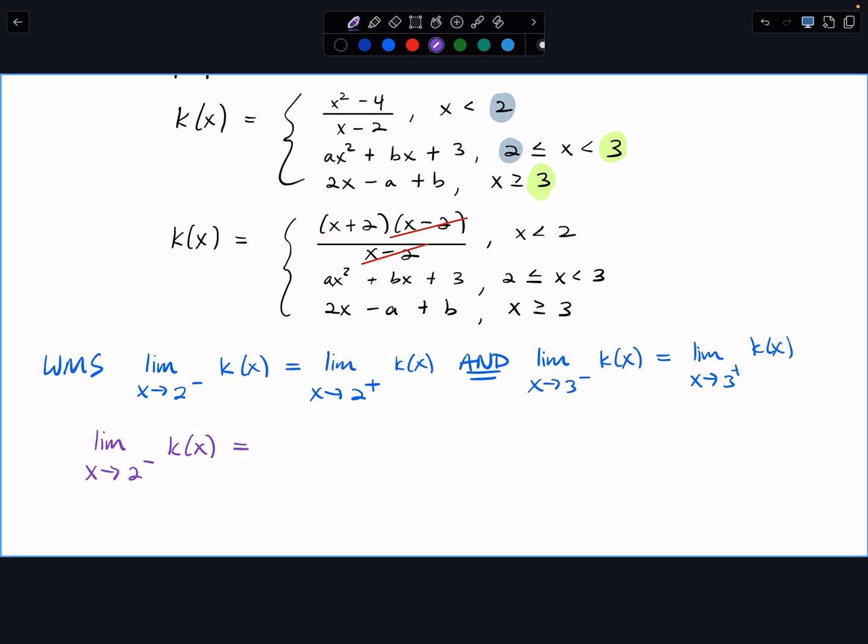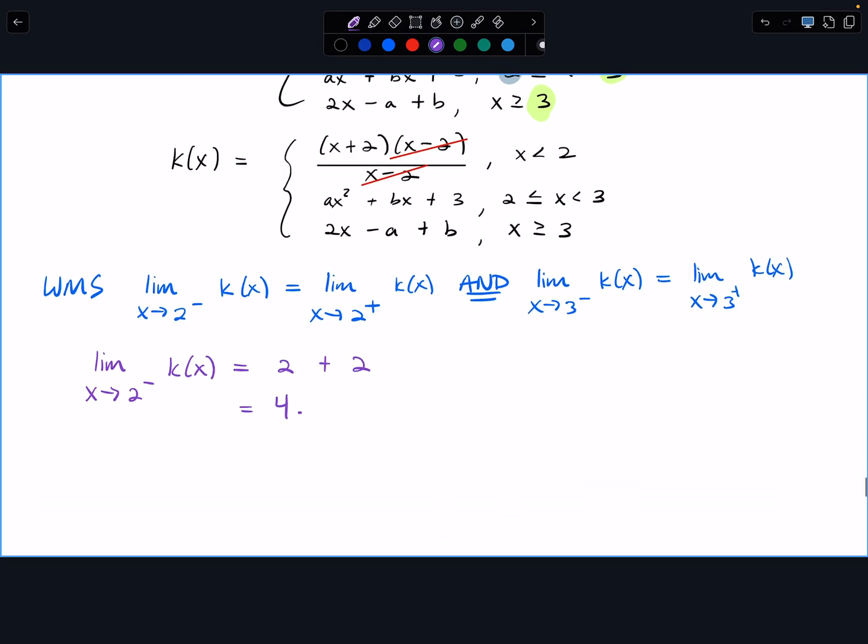Do you guys agree I'm going to use the top function for the left side of limit at 2? So we already know this cancels, right? So do I have to worry about this anymore? So if I'm going to plug in 2 from the left, all I have to do is plug in 2 right there. What's 2 plus 2? 4.